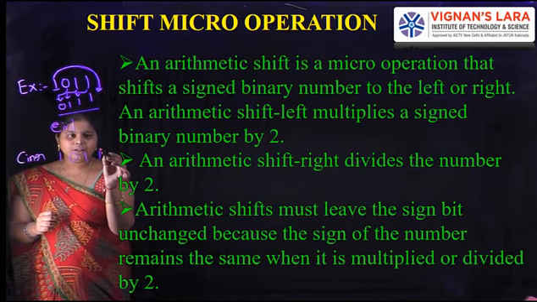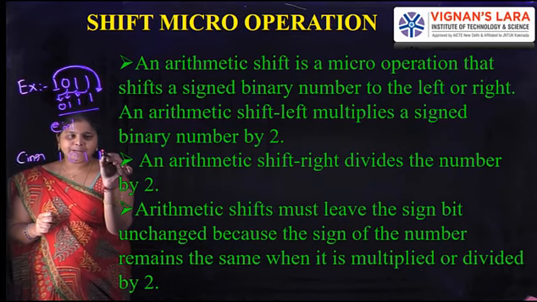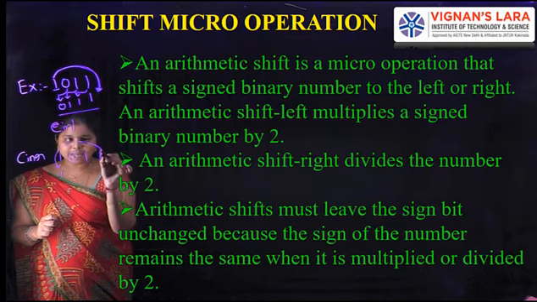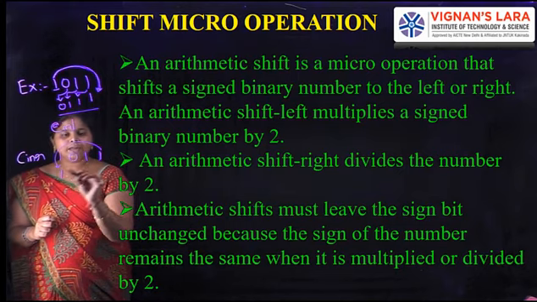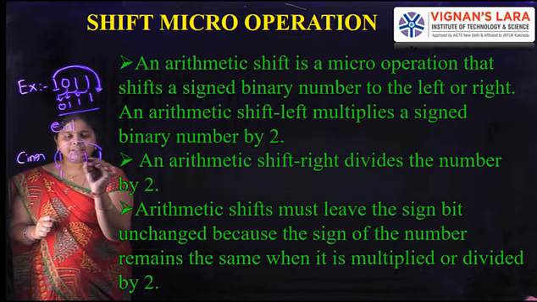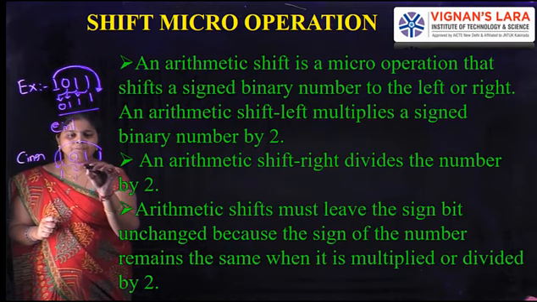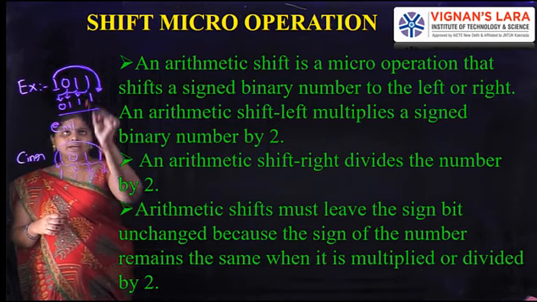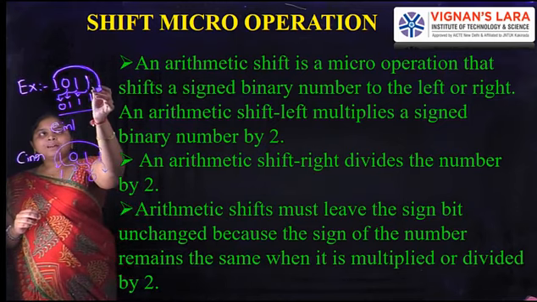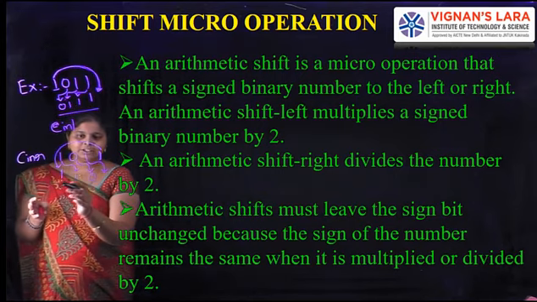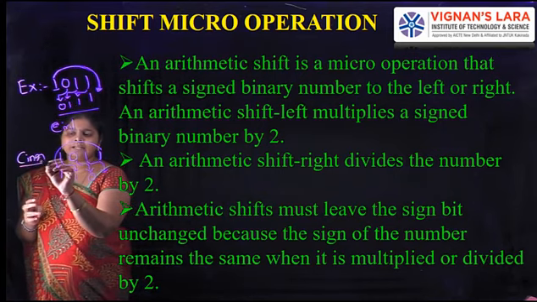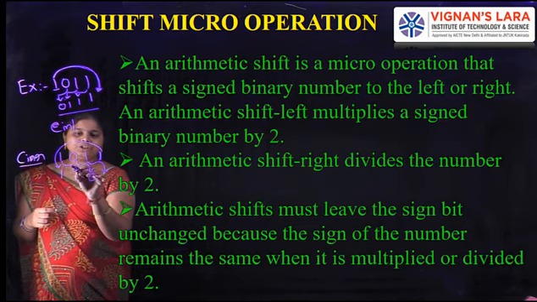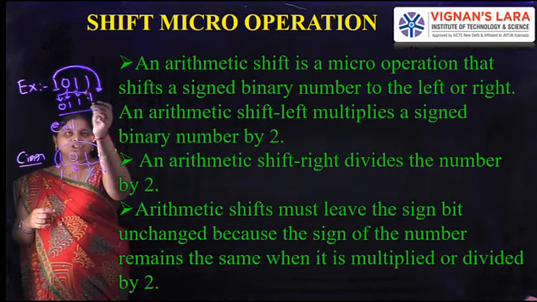Here the rightmost bit is transferred to the other end, whether it is 0 or 1, and the remaining bits move by one position. CIR means shift circular right, one bit position to the right, and circular left is one bit position to the left.